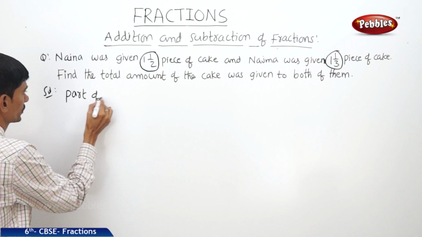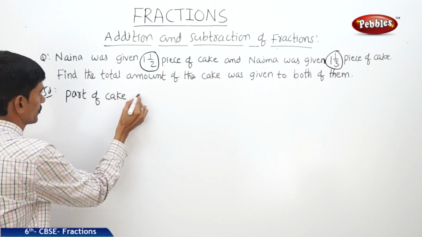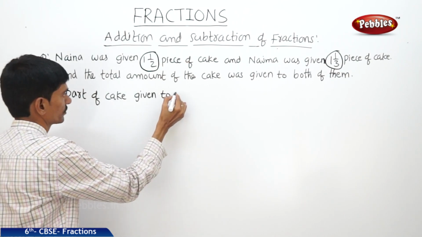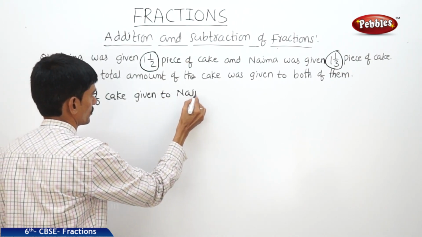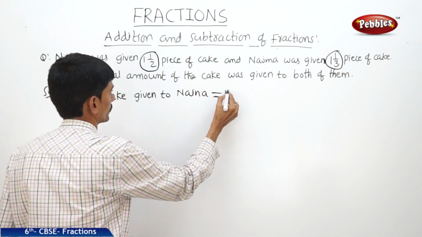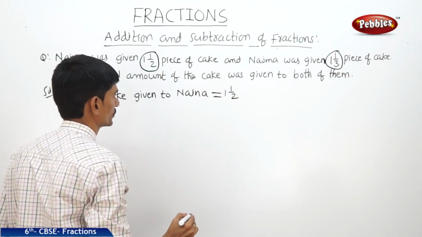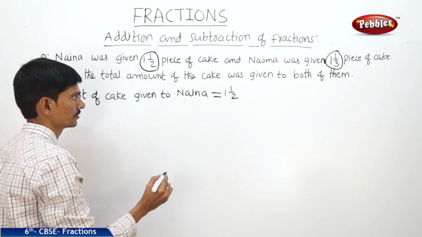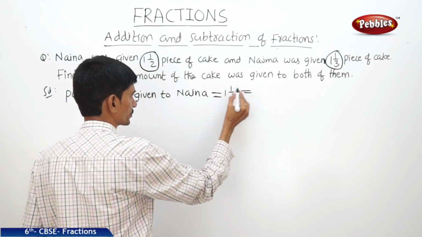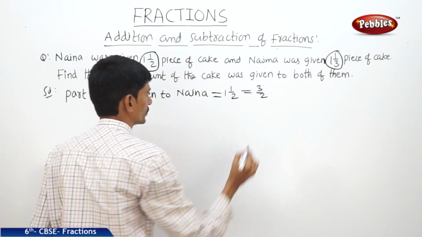Part of cake given to Naina equals 1/2. If you write this as an improper fraction, 2 ones are 2 plus 1, 3/2.